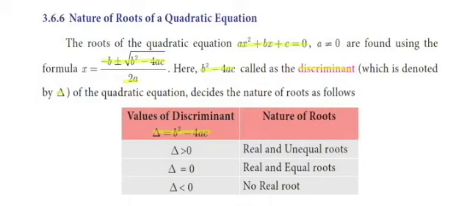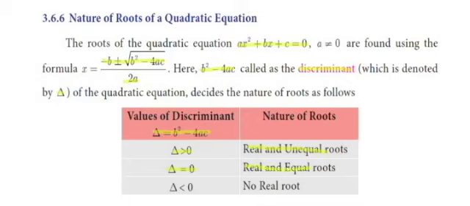Here there are three types. If the discriminant value is greater than 0, that means if it is positive, then the nature of root is real and unequal. If the discriminant value is equal to 0, then the nature of root is real and equal.